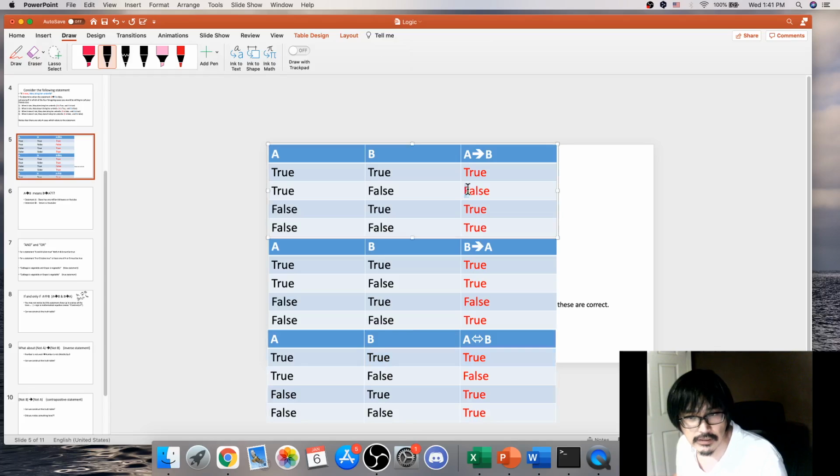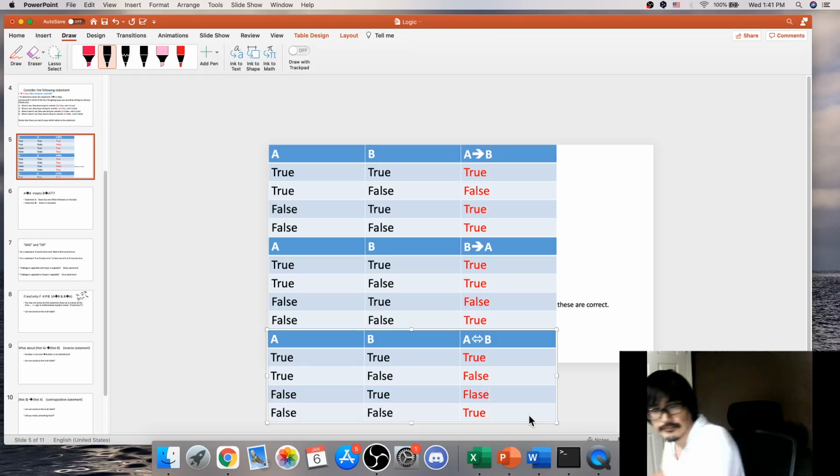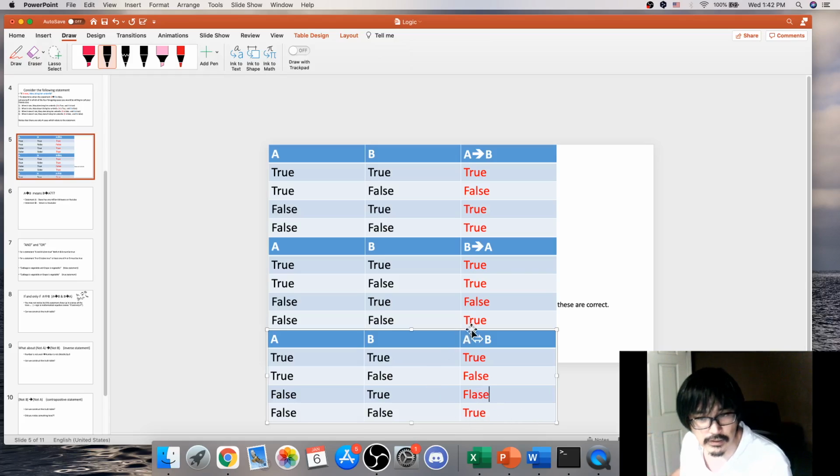The next one is false and true, so it's not satisfying this and statement, so this is going to be a false statement. And the third one, true and false, meaning that it's going to be a false statement right here. And then the last one, true and true, so this has to be true.